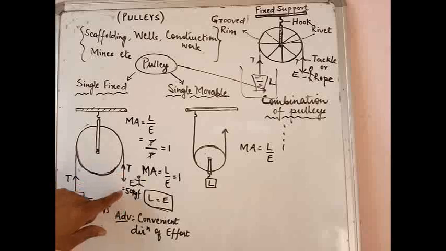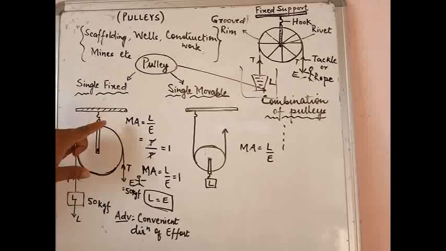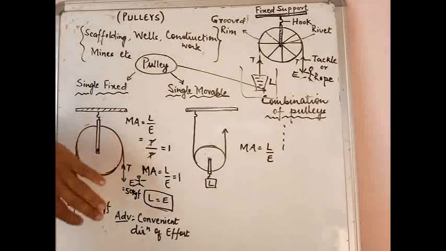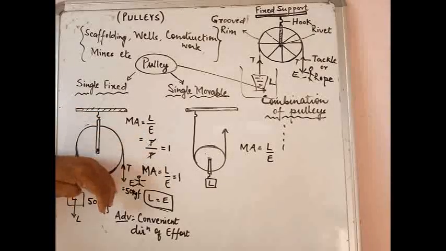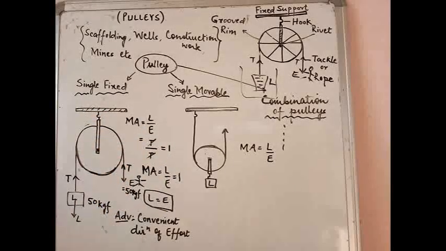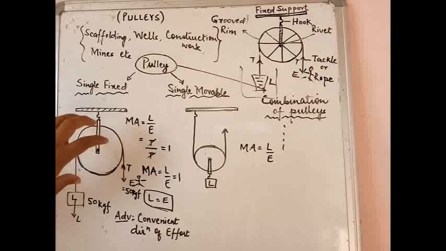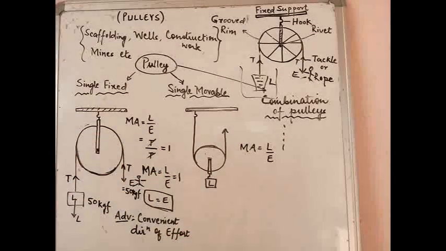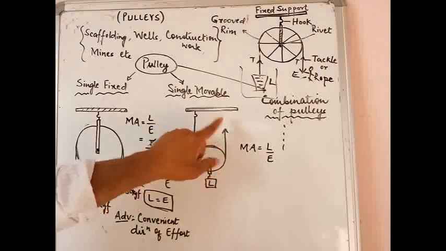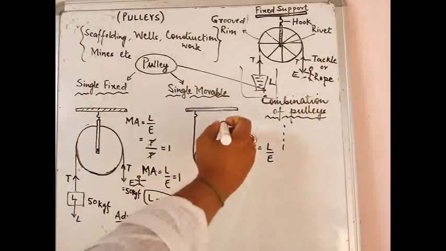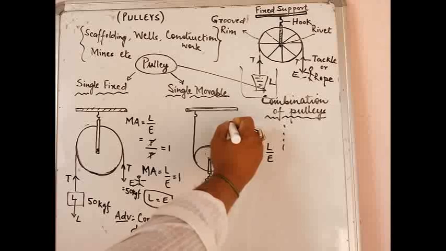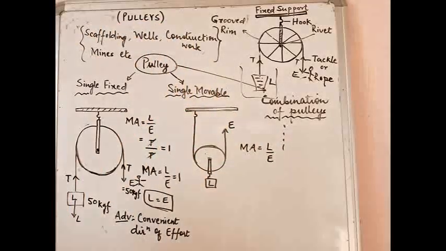The pulley would not move. If somebody pulls from this side, the rope will go around, so the rope will be pulled up onto this side, but the position of this particular pulley will not change. Whereas here, the first thing you notice is the effort will be provided in the upward direction.